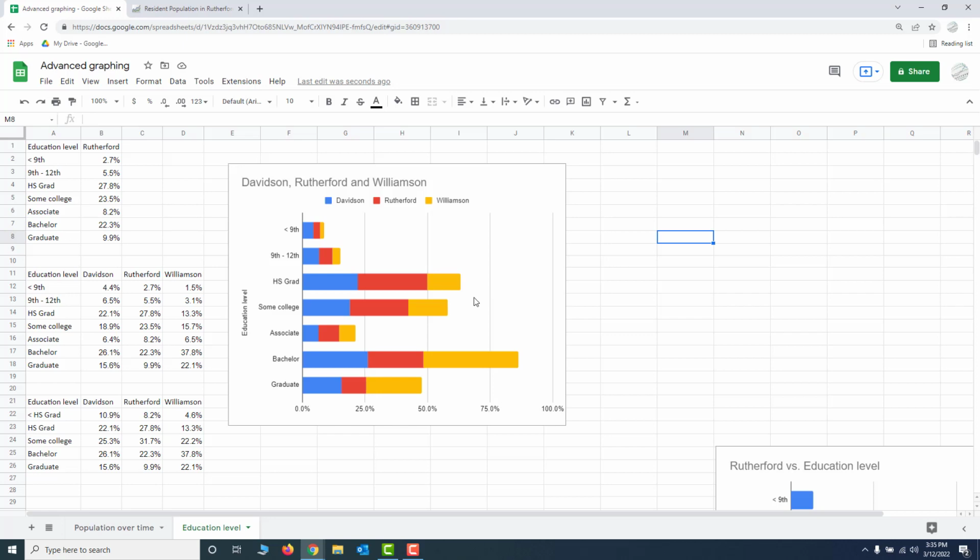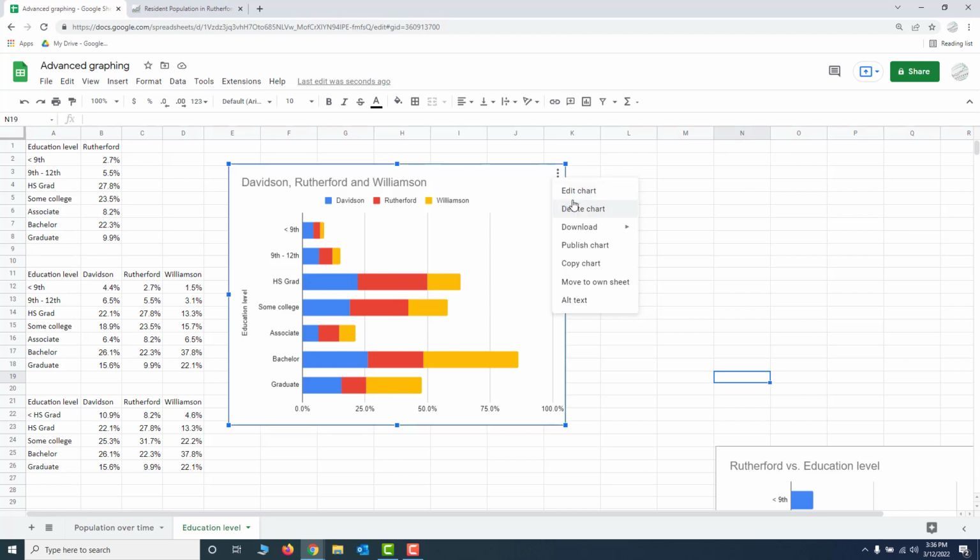It's still kind of hard to see, but at least going up and down here, I can compare the blue colors to get the figures for Davidson. So maybe it's a little bit easier now to see that the biggest category in Davidson is that bachelor's degree compared to the high school grad. But it's still a little bit tough.